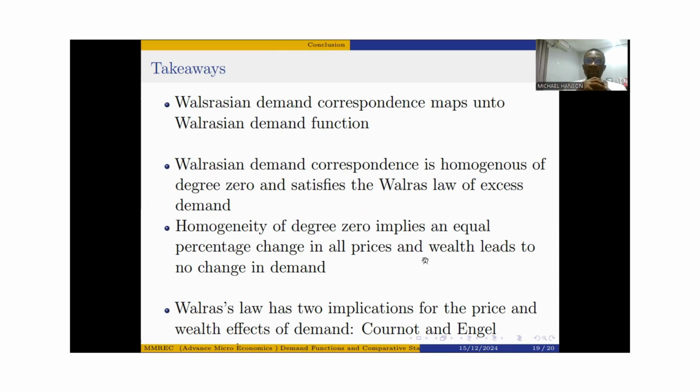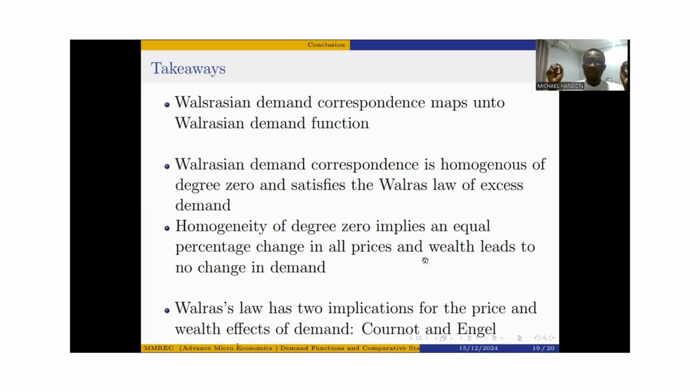Again, the Walrasian demand correspondence, per the assumptions, is homogeneous of degree 0, and it also satisfies the Walrasian law of no excess demand. Thirdly, the homogeneity of degree 0 with regard to the price effects and the wealth effects suggests that changes in prices and wealth lead to no change in demand. That is the homogeneity rule.